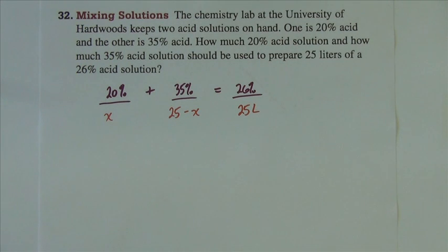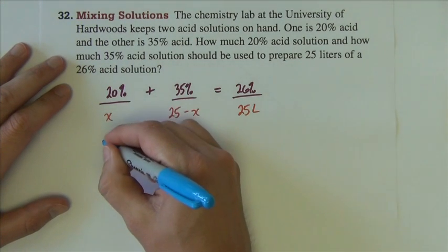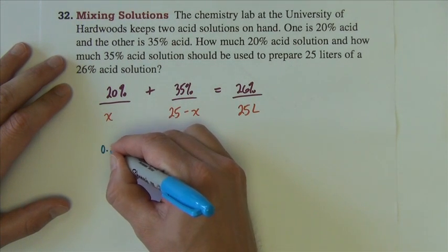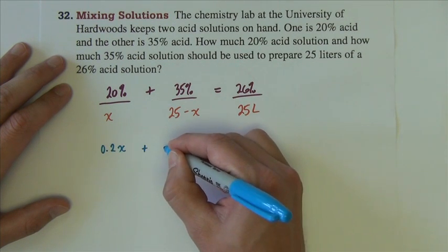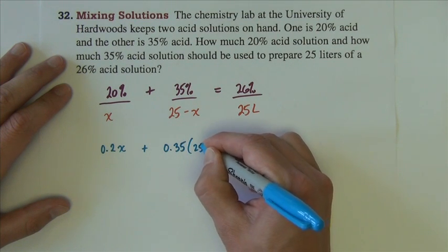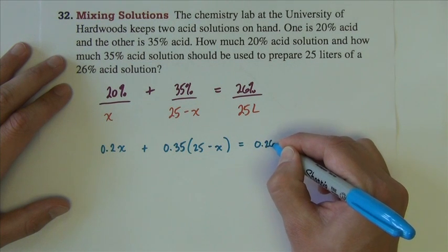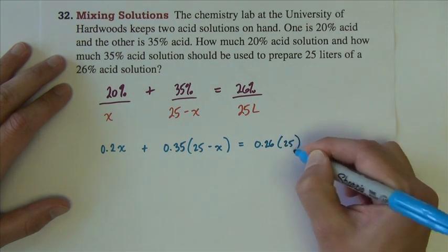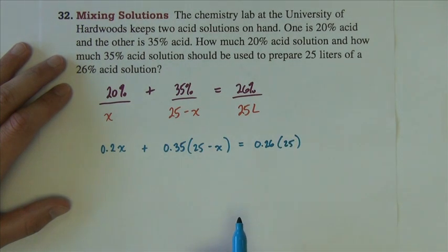Now the way that I set up my equation is I do the percentage times the amount. So the percentage would be 0.2, 20% is 0.2 times the amount, plus, I need the percentage here, 0.35 times the amount, equal to the percentage times the amount. Percentage times amount on all of these different concentrations or solutions.